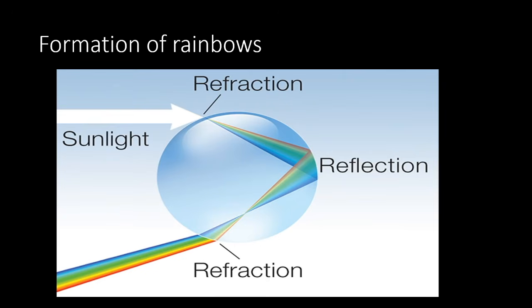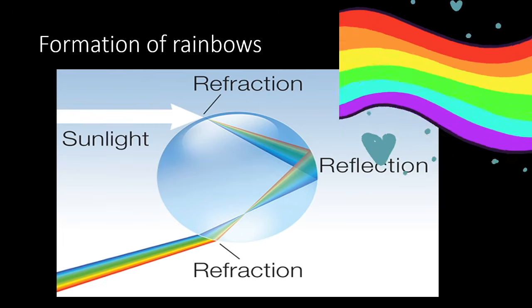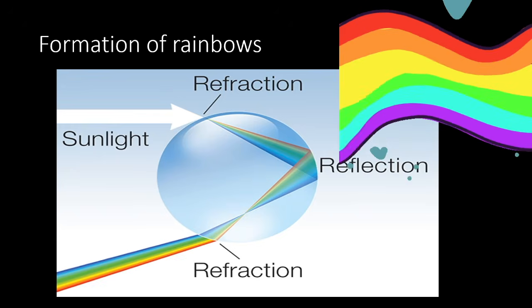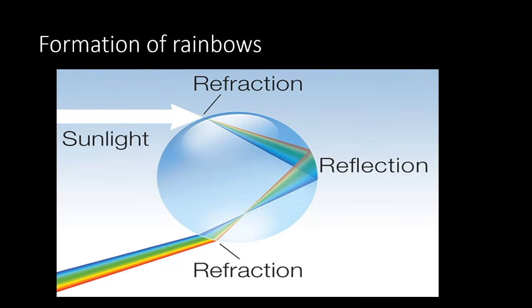An example of where we can see refraction and reflection in our natural world is the formation of rainbows. How rainbows are formed is sunlight will travel through a water droplet or water precipitation in the air, where it is refracted as it enters the raindrop.